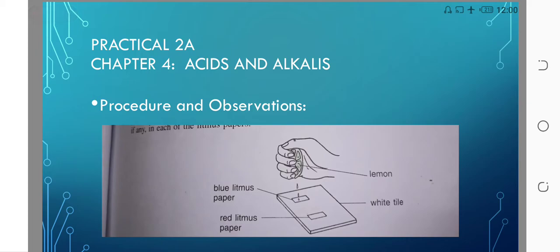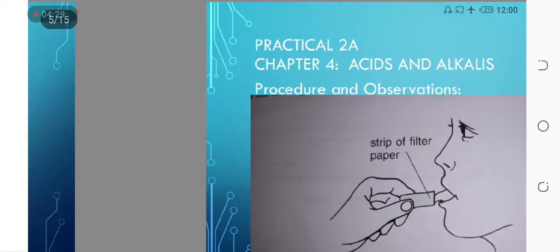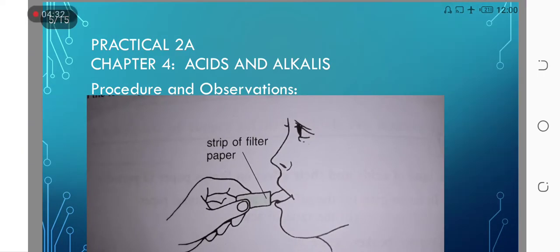If there is any change in the litmus paper, you have to note it. Then in the same way we taste a strip of filter paper with lemon juice on our tongue, and we observe that the taste of lemon juice is again sour. That indicates that all acids have a sour taste.